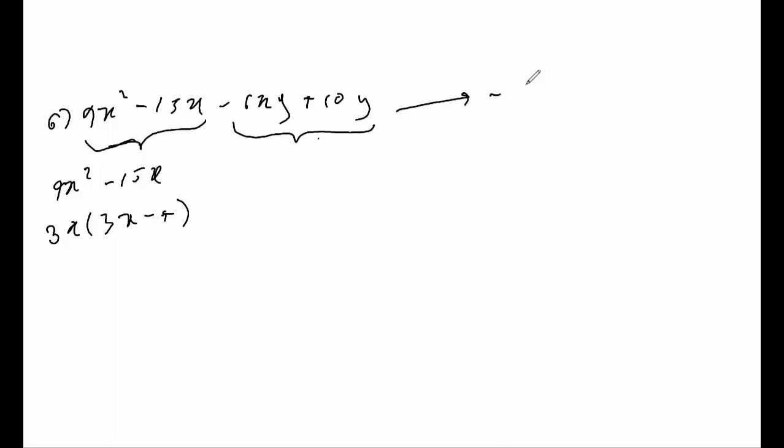So we have negative 6xy plus 10y. Now I have 2, because 2 goes into 6 and 2 goes into 10, and I also have the y. So I'll factor out 2 and y.